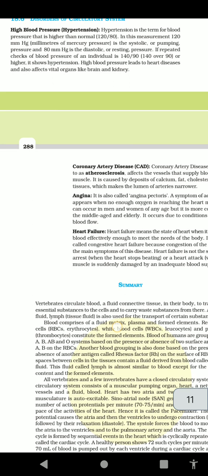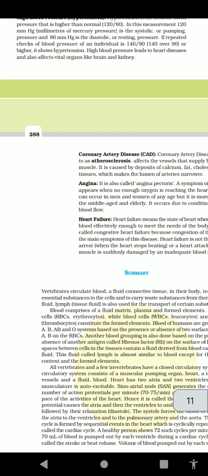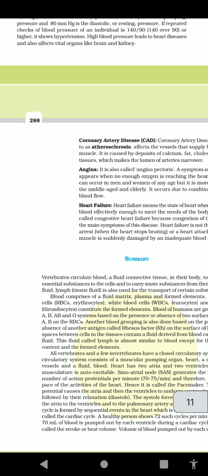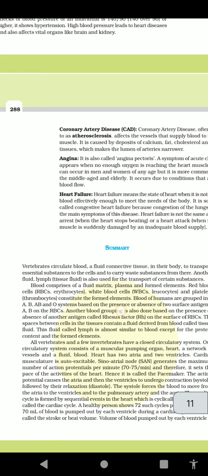If repeated checks of the blood pressure of an individual show 140 over 90 or higher, it is hypertension. High blood pressure leads to heart disease and also affects vital organs like the brain and the kidney.